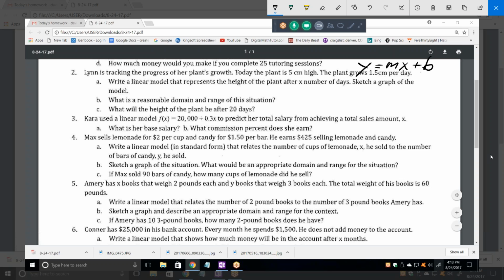All right, we're going to want to write the equation in this form on all of these problems. Okay? What's y in this problem number 2? Is it how many days have gone by, or is it the height of the plant?